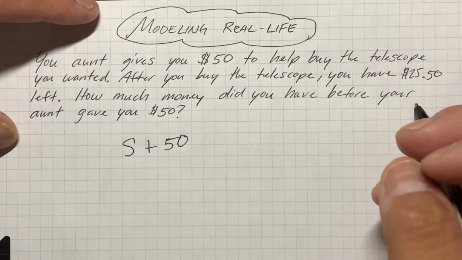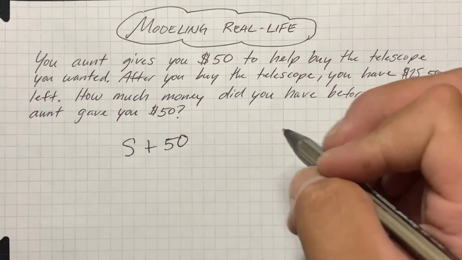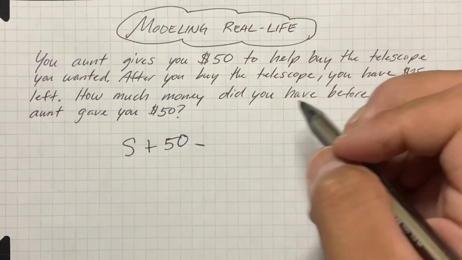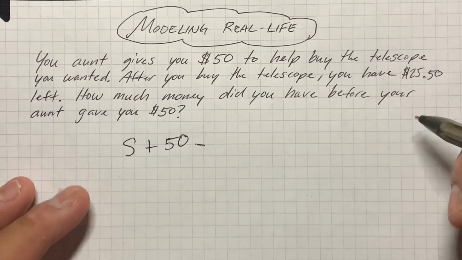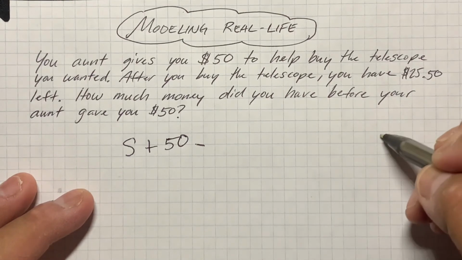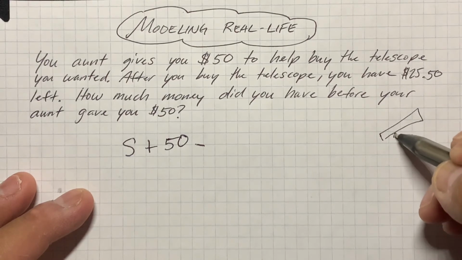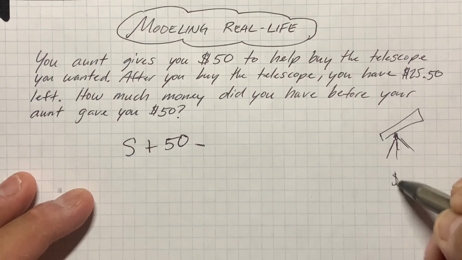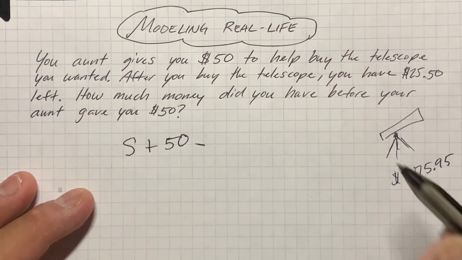So how we will solve this is basically, we subtracted an amount here. So let's pretend that the telescope that you wanted cost you $275.95. That was a missing piece.